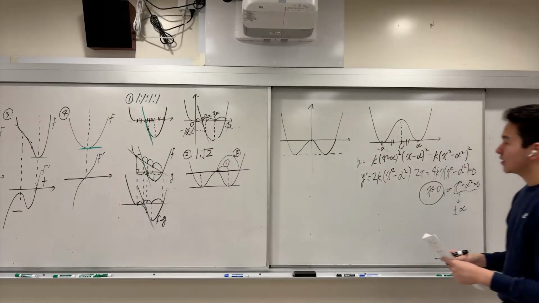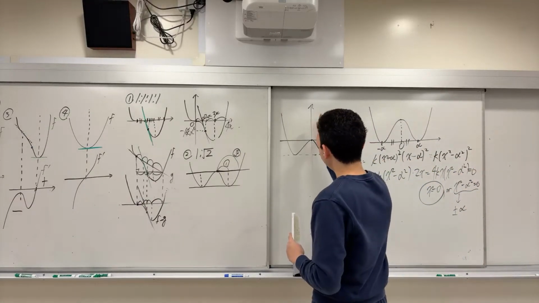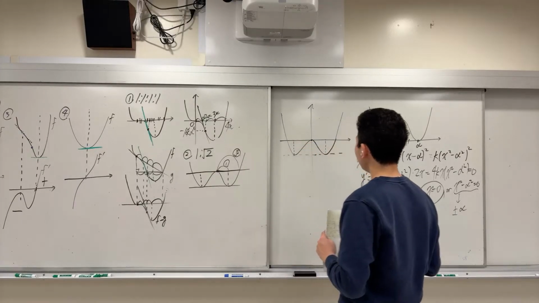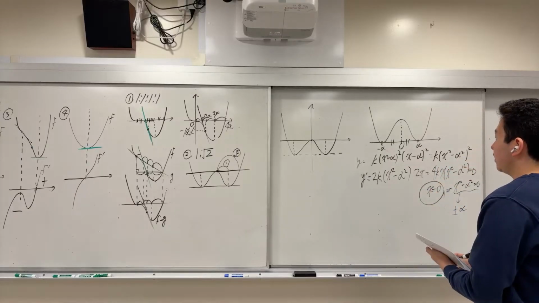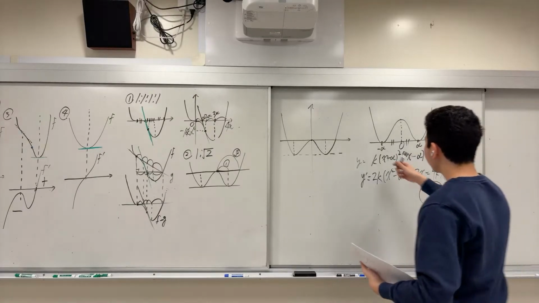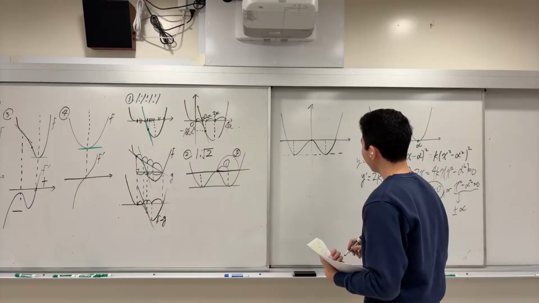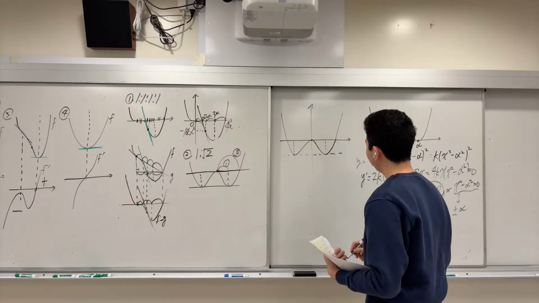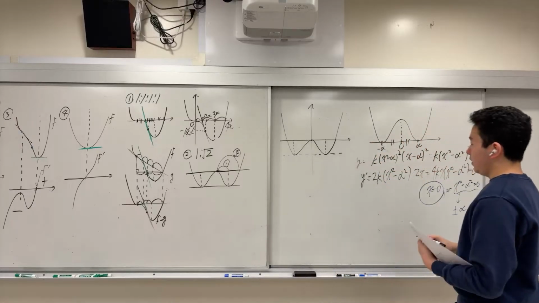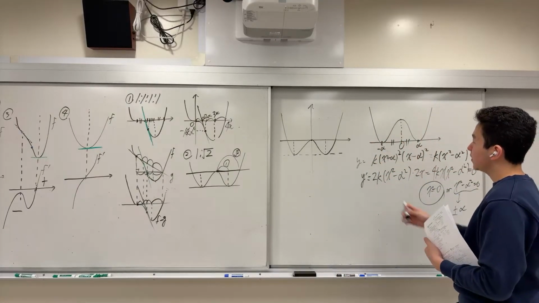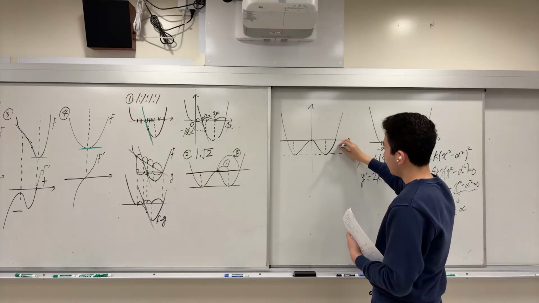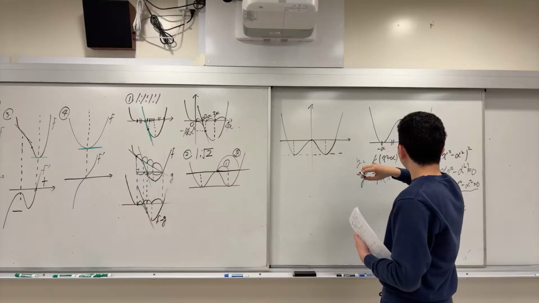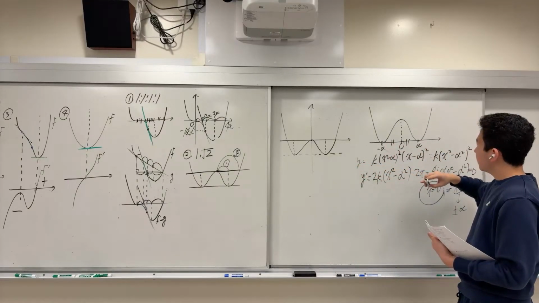Now we know that the curve is going to be symmetrical about both of these points. So I think we'll do the setup the same way. Yeah. Should we go from here to here? How's this?